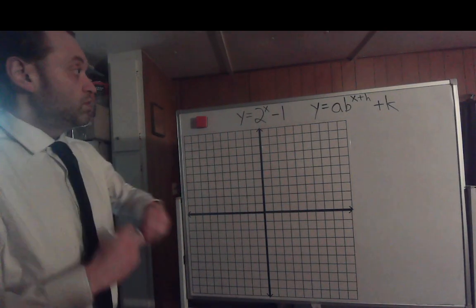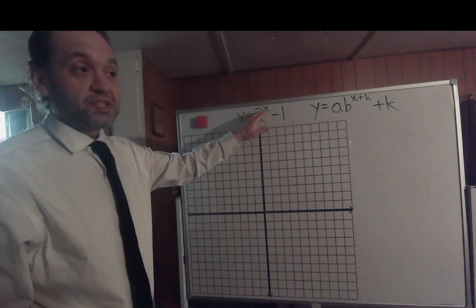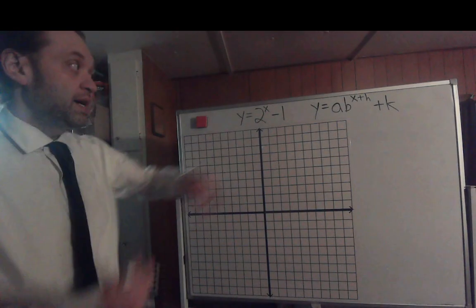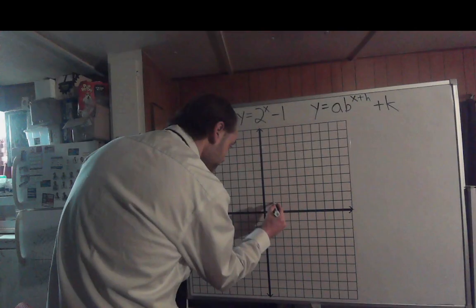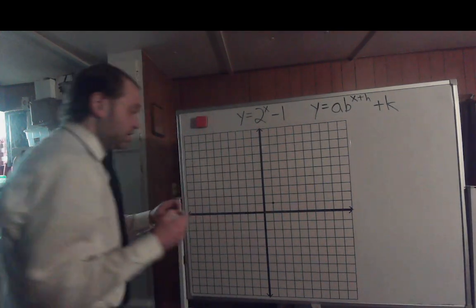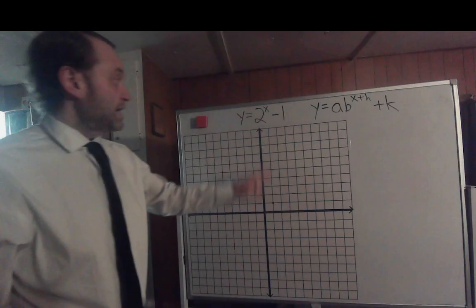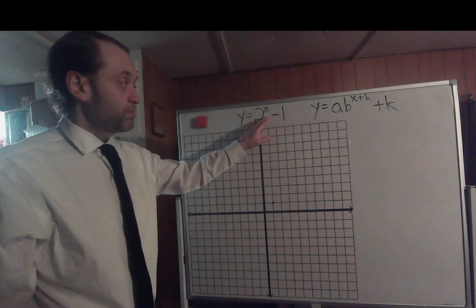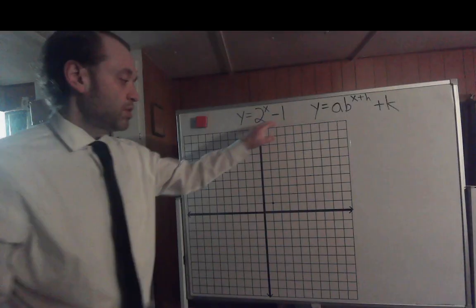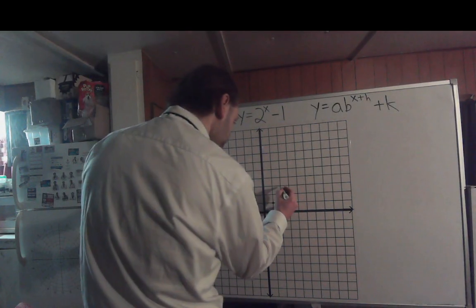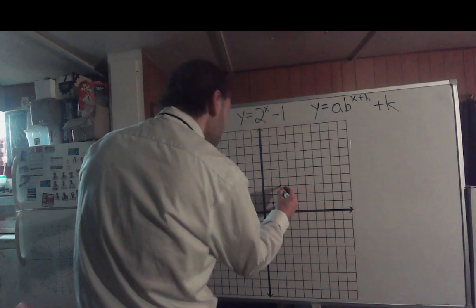Alright, now when x is 1, well, that's 2 to the first, which is 2, minus 1, which is 1. And then when x is 2, that's 2 to the second is 4, minus 1 is 3.